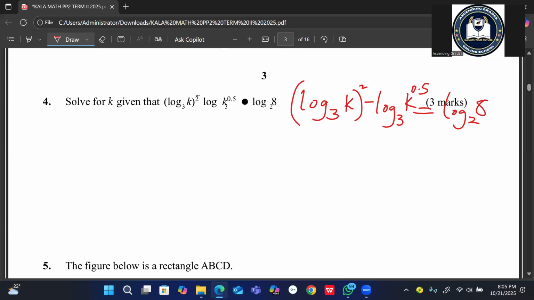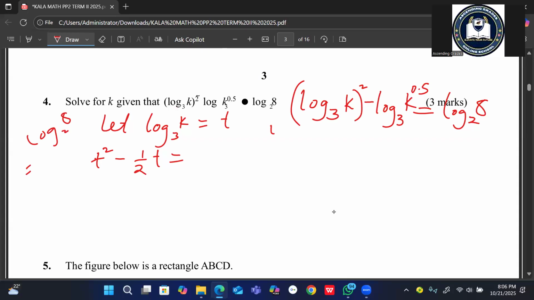So that one we have to let log k base 3 be equal to t. So this is the same as t squared minus half t should be equal to log 8 base 2, which is the same as log 2 base 2 power 3.